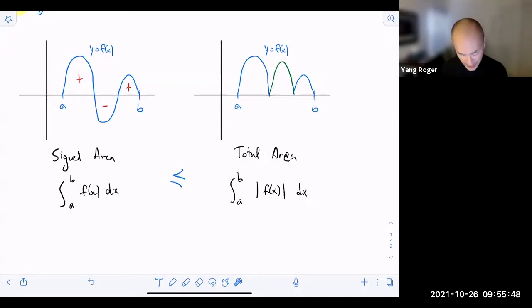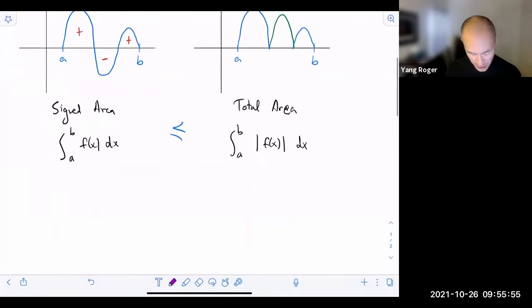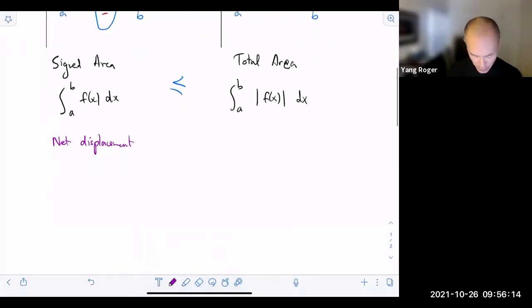We had something related, so I just want to remind you of the related thing. Maybe I'll do this in purple. We could talk about net displacement. And net displacement occurs when you're not integrating just any function, you're integrating the velocity function, right? And the variable isn't x, it's t.